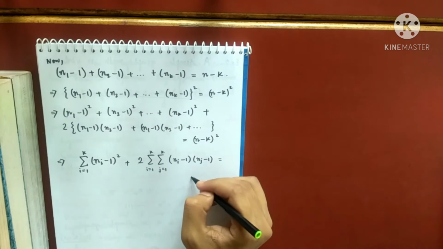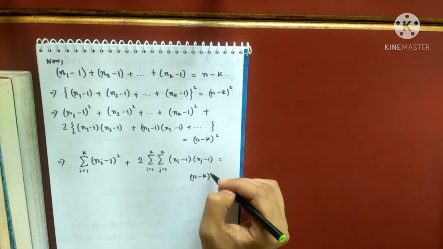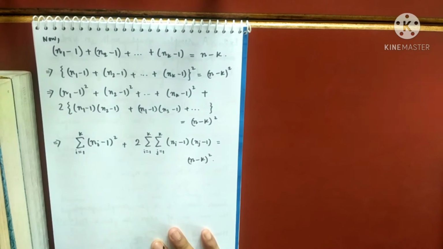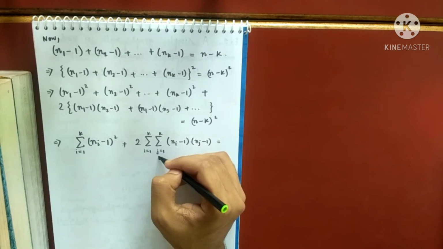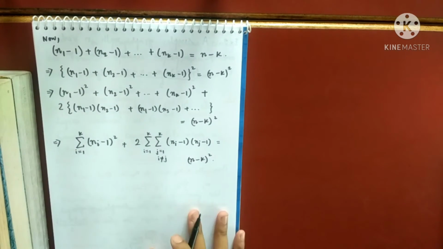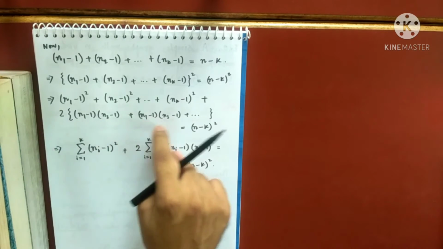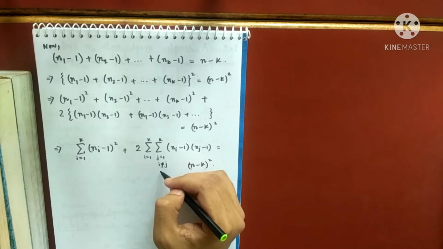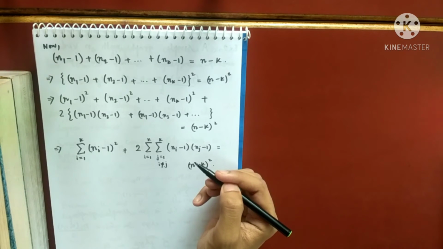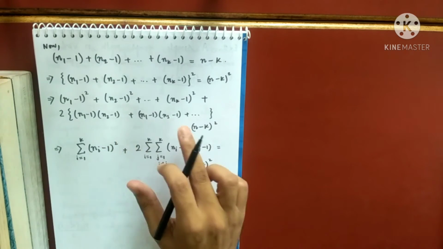Hold on, I'll explain. But the problem is I and j should be different, so i not equal to j. So I am writing all possible pairs in this manner. But I should also write one more condition. Instead of writing this condition, hold on, just a minute.